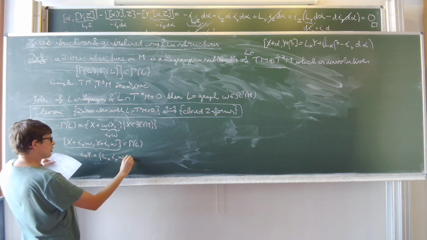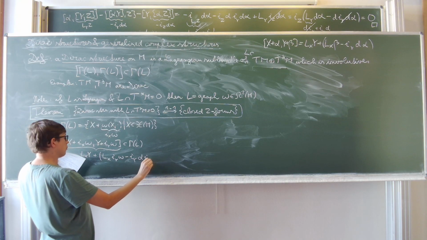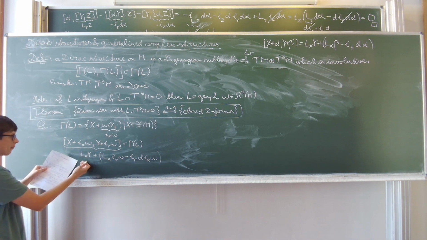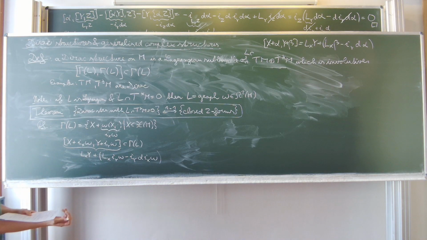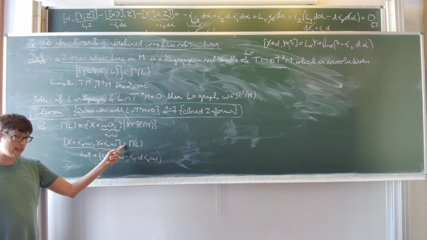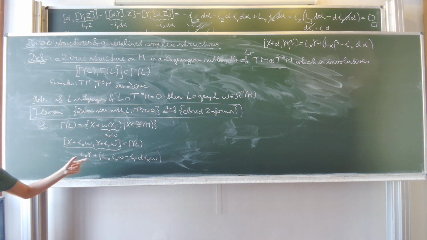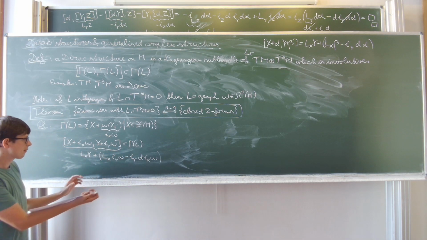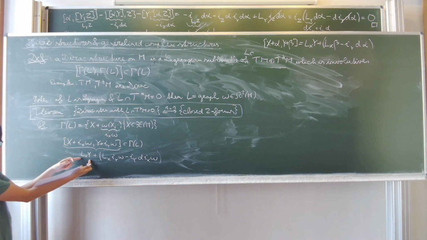And then there is another term, which is minus I_Y of d of I_X omega. This is the vector part, and this is the one form part. Now in order for this thing to sit inside L, since elements of L look precisely like this, it is the same as saying that this is the inclusion of this guy into omega.